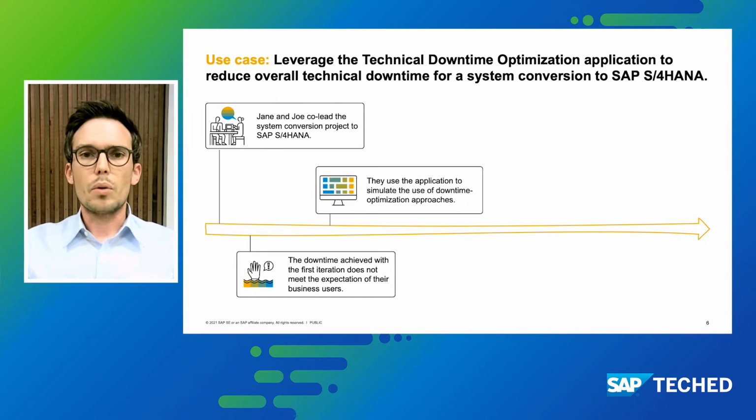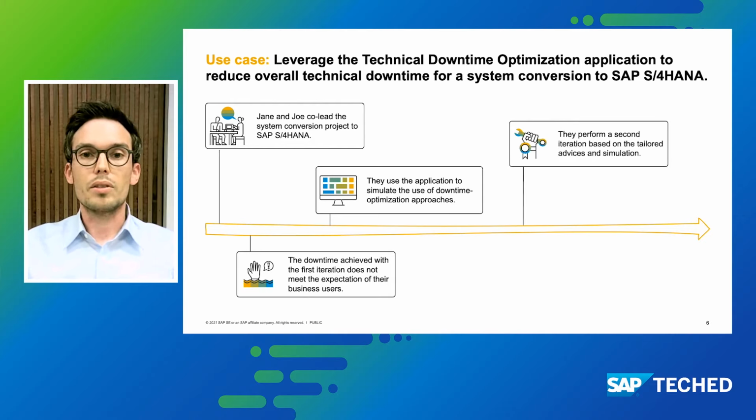So they now need a way to optimize the downtime. In order to get started figuring that out, they're going to use the Technical Downtime Optimization application. They upload the data from the standard run and simulate whether a downtime optimized conversion can help them to optimize their downtime.